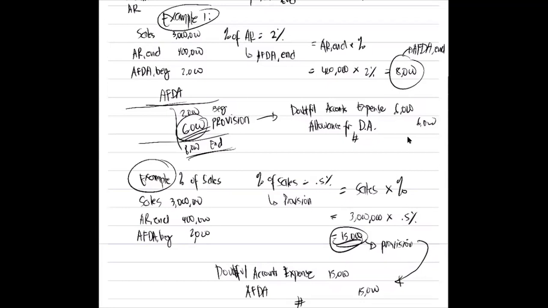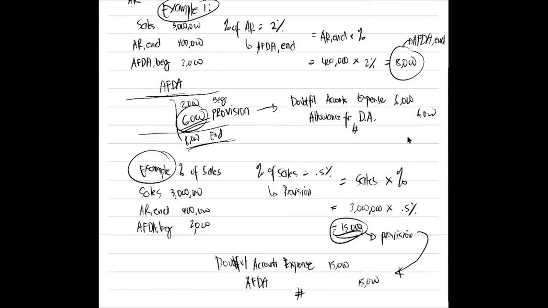Pero sa percentage of sales, kung ano yung mako-compute, yun na yung provision. So, hindi mo na kailangan pang gamitin yung T account. Okay? So, mag-ingat kayo dito, guys, as to the method, kung percentage of AR ba siya or percentage of sales. But take note, what do we need to make an entry for? That is your doubtful accounts expense. Okay? So that's it for our adjusting entries.